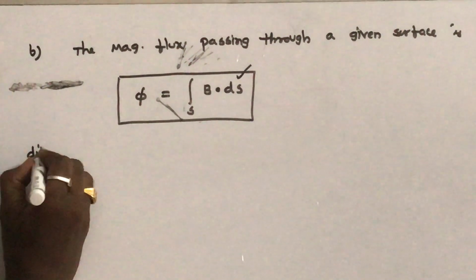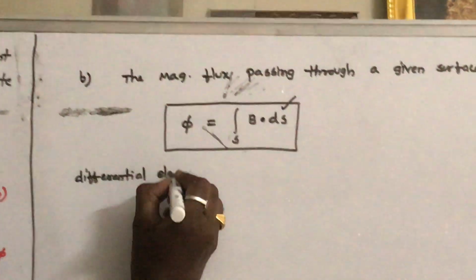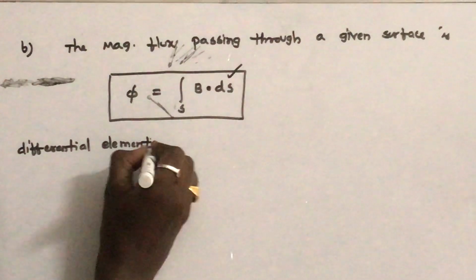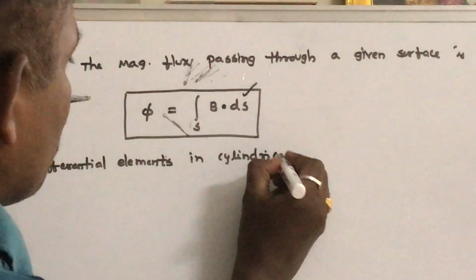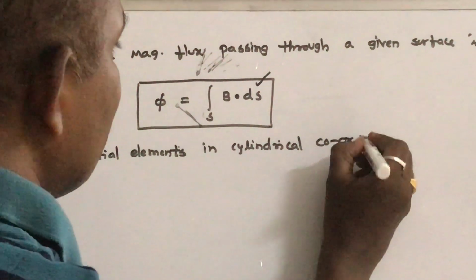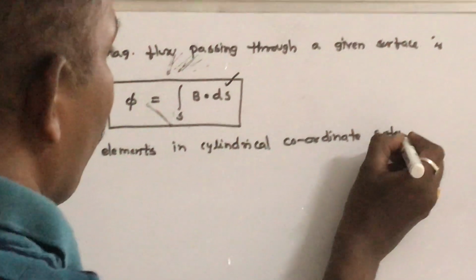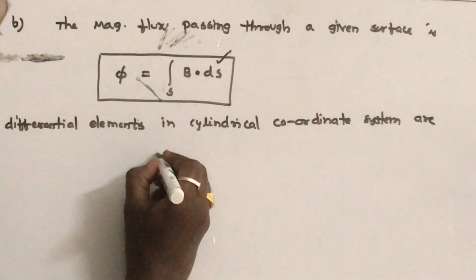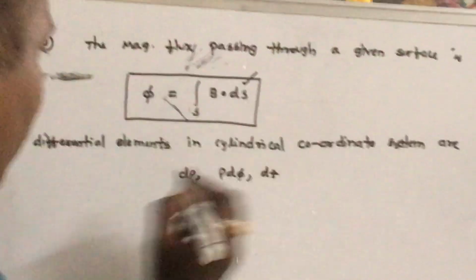First we write the differential elements in the cylindrical coordinate system: d rho, rho d phi, dz.